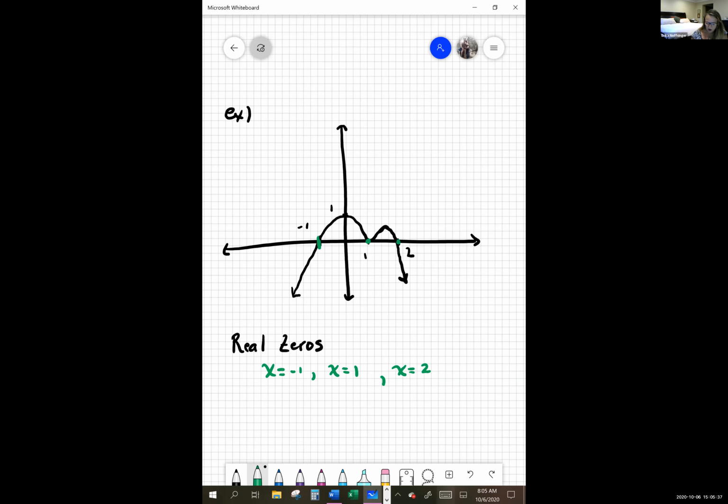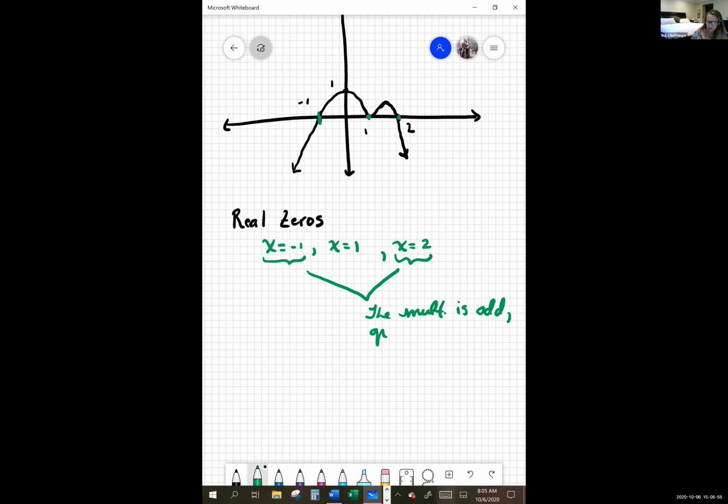So since it's crossing at x equals -1 and x equals 2, we know that the multiplicity is odd. The graph crosses. But remember, when it just touches the x-axis and turns around, that tells us that multiplicity was even.